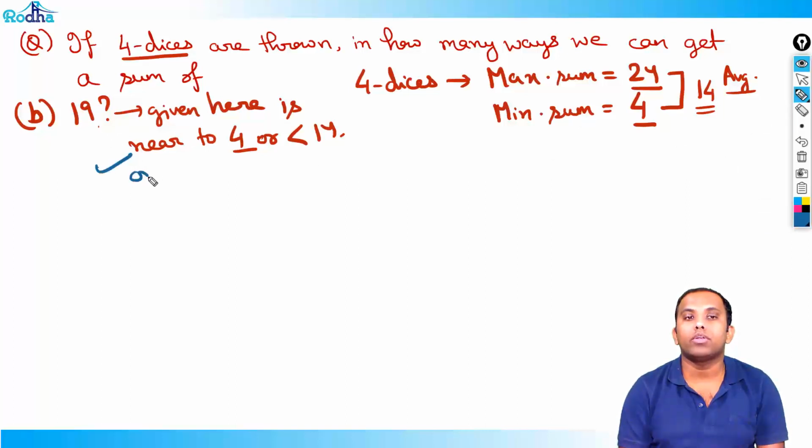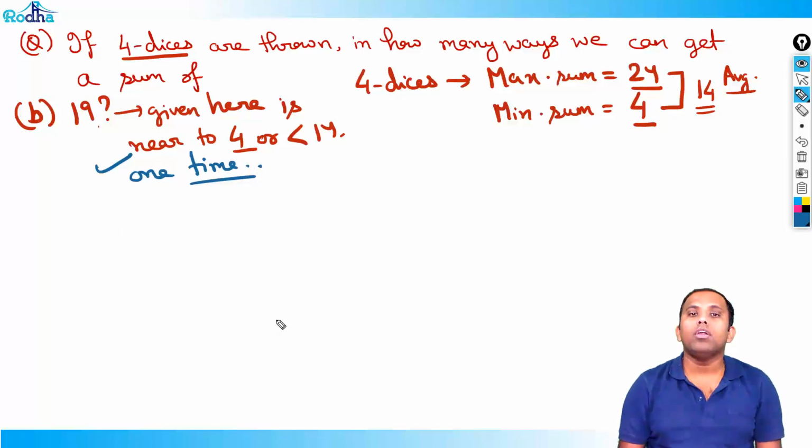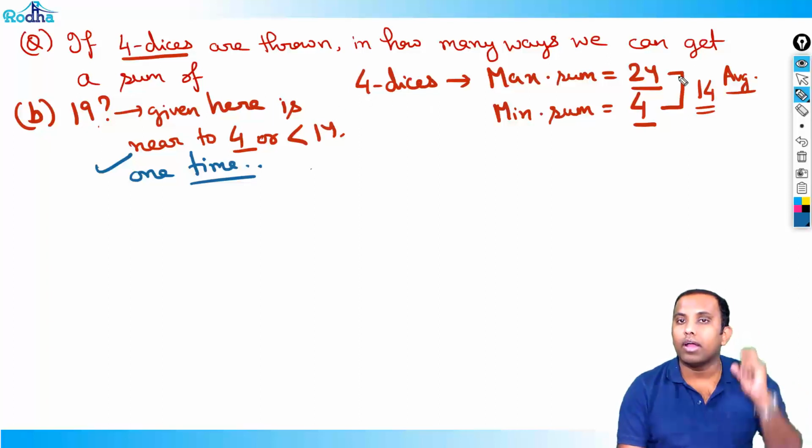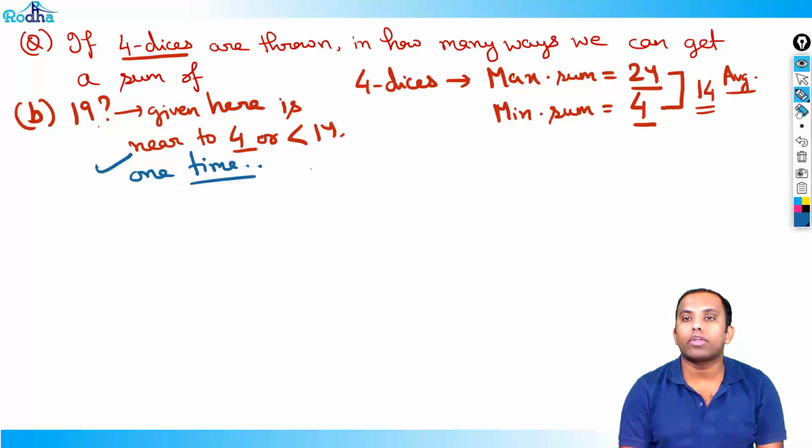I just need to do the subtraction one time and the question will be solved, right? Or you can say it's not 14 also. I can say something around 14, 13, 12, this kind of number will work. I just need to do one subtraction, nothing else. Half of 24 is around 12, so if the number is around 12 to 14, make it 12.